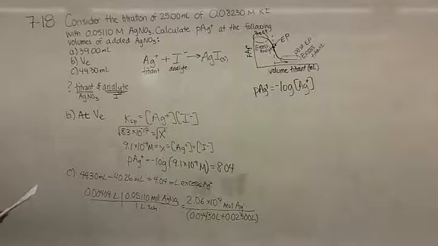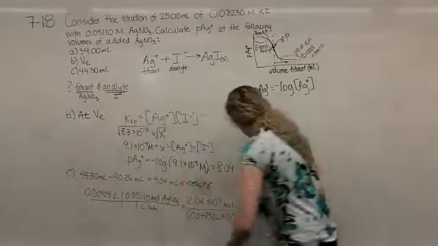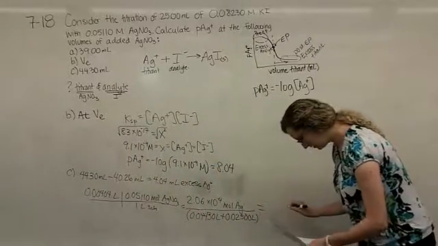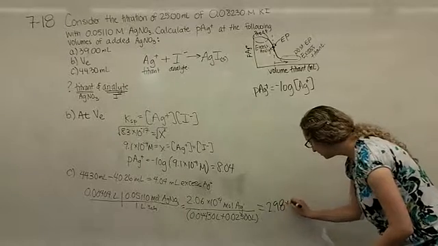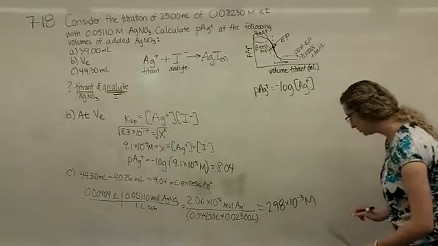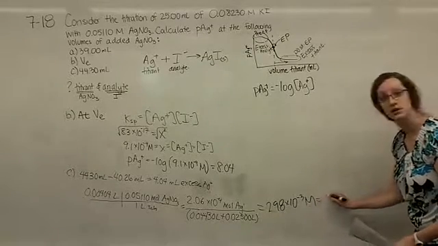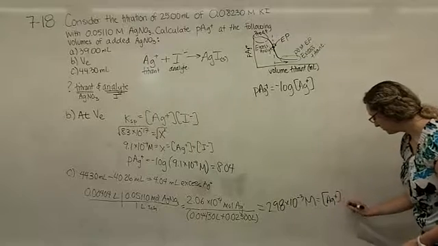So if you do that out, then this concentration is 2.98 times 10 to the minus third molar. And this is your silver plus.